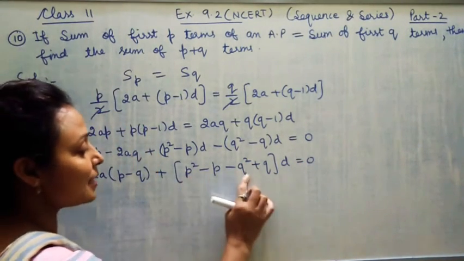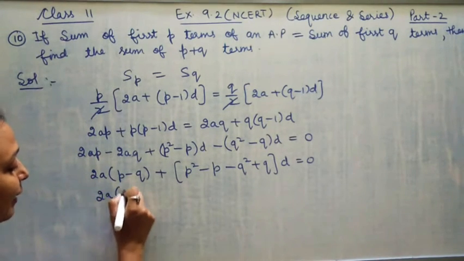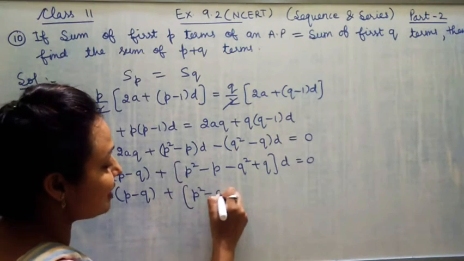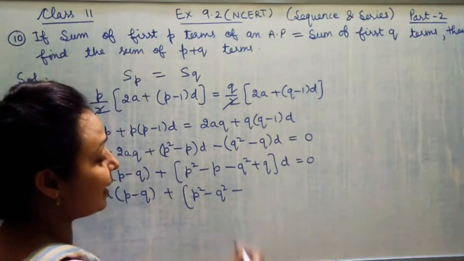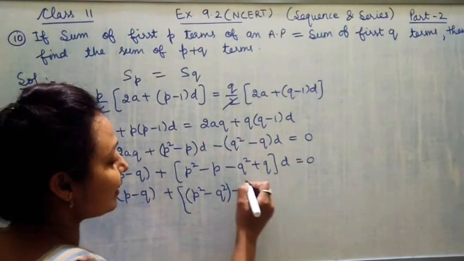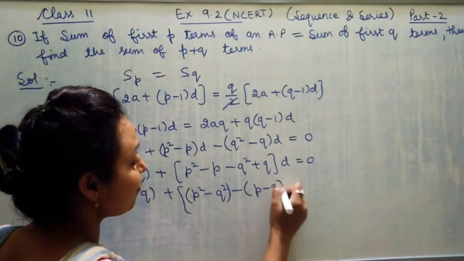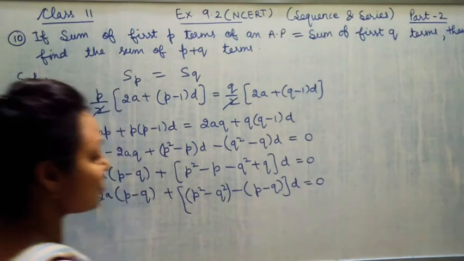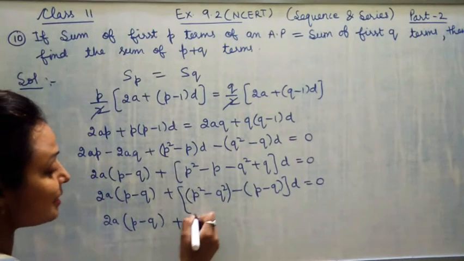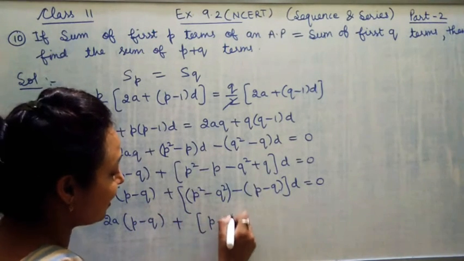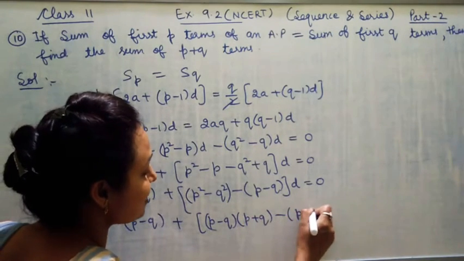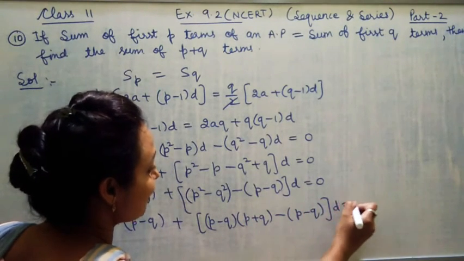Now I will take p square and q square together: 2a(p minus q) plus (p square minus q square minus p plus q) d. Using a square minus b square as (a minus b)(a plus b), we get (p minus q)(p plus q) minus (p minus q), into d, equal to 0.